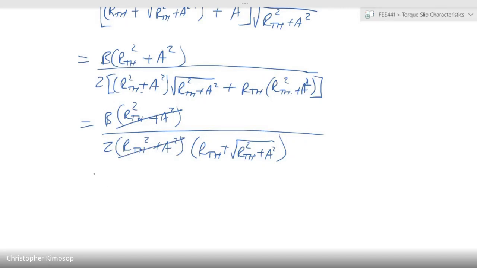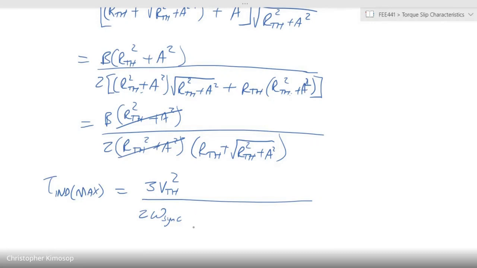And so we end up and we reintroduce the values of B and A. And that then becomes ultimately 3 times V squared over 2 times plus... it's a long story.